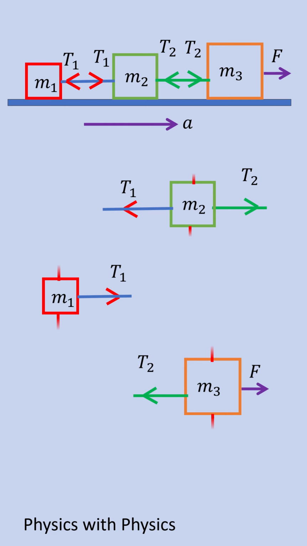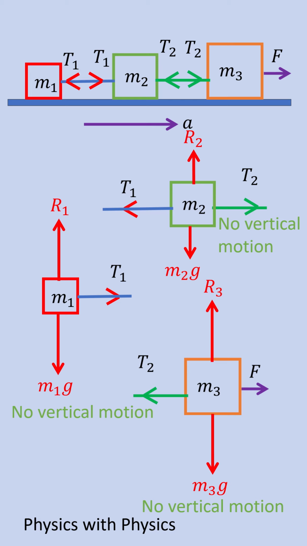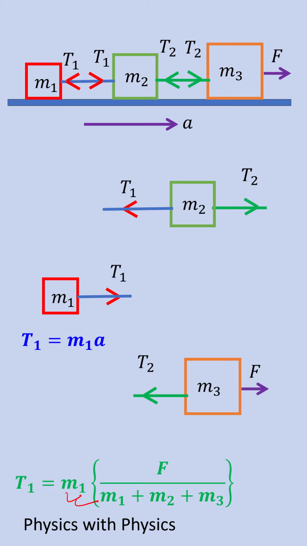For masses m1, m2, and m3, these are the directions of normal reactions and weights, and we can see there is no vertical motion. That's why T1 equals m1a, and we substitute the value of acceleration here.